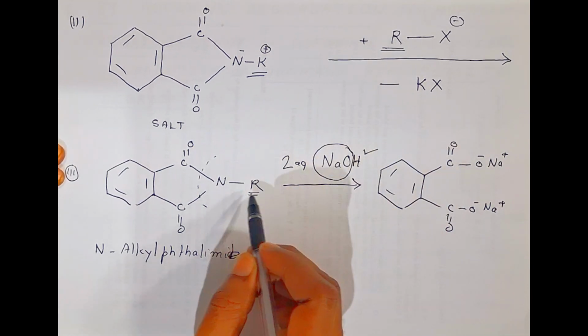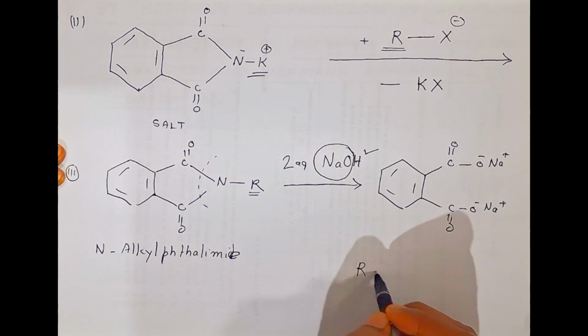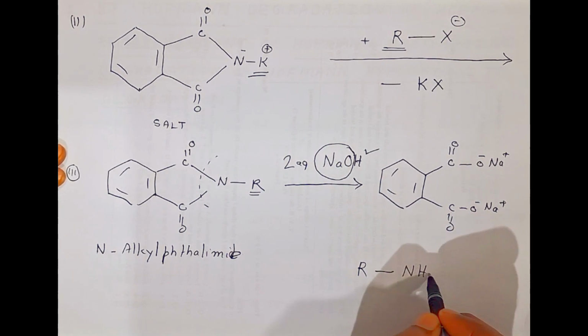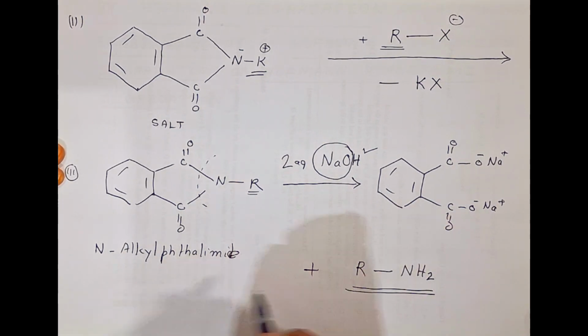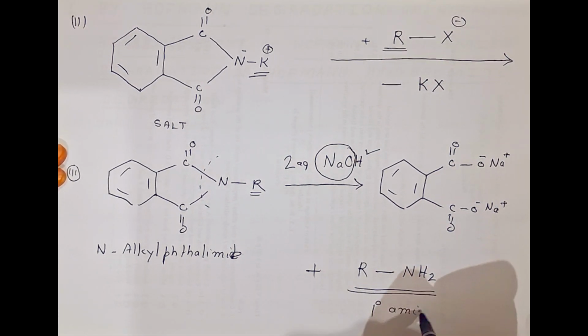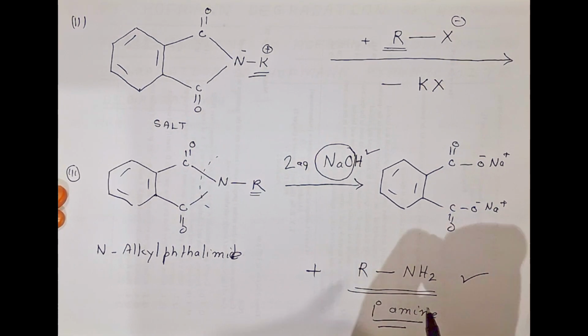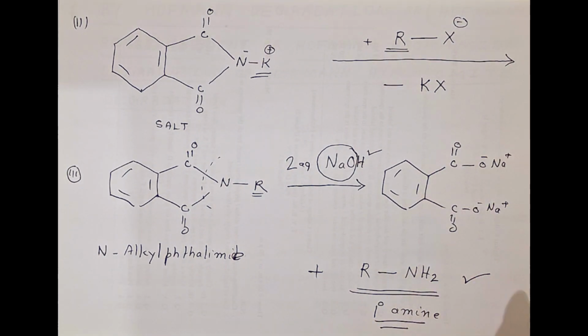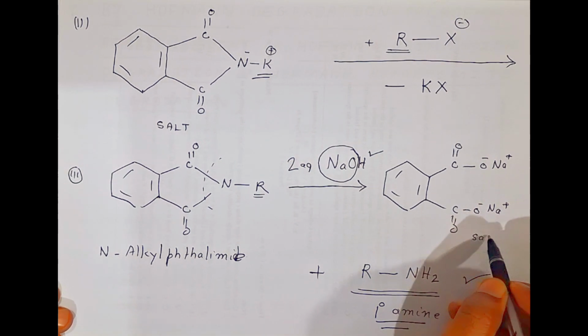These 2 hydrogens combine with this alkyl amine, and it will give you alkyl amine. This is very important. That is primary amines students. Only primary amines containing an alkyl group we can form. That is why this reaction is very important. So this way students, we have prepared the primary amines from phthalimide. And this is the sodium salt students.